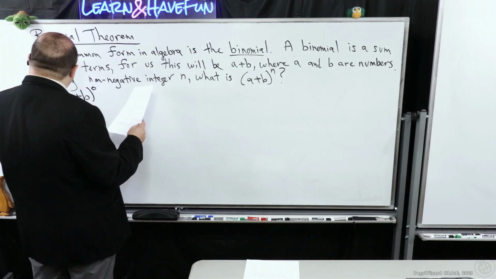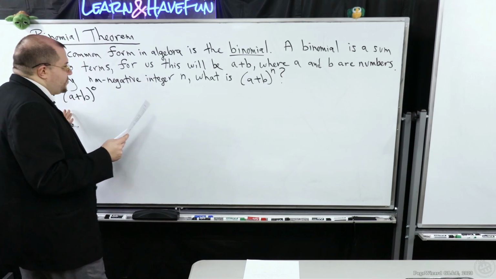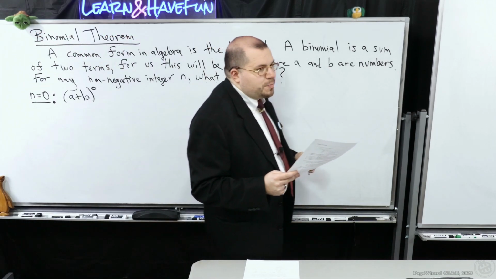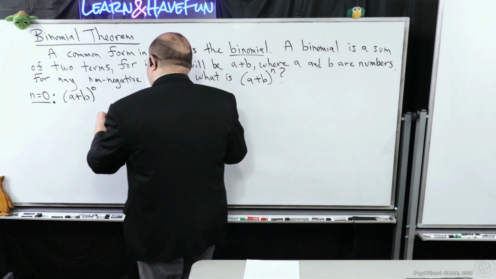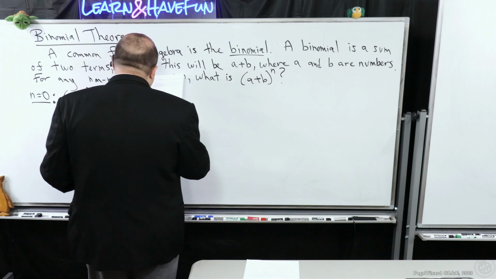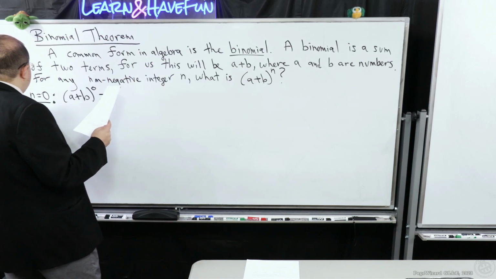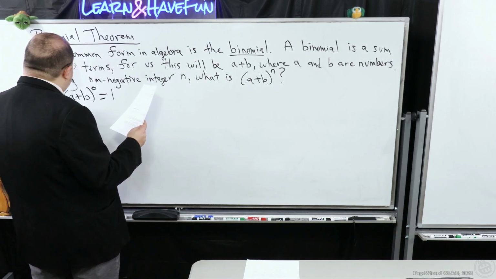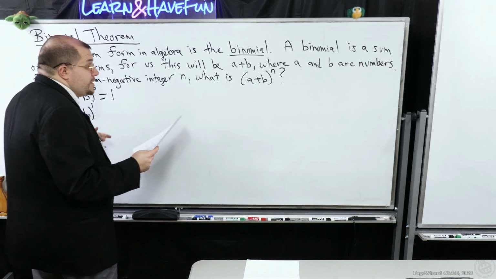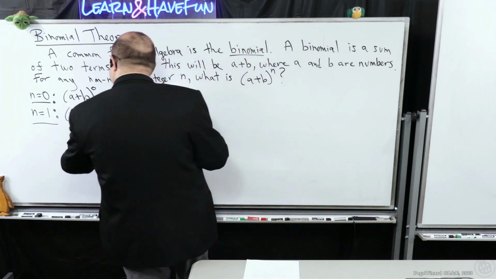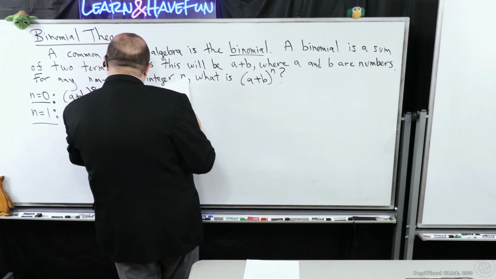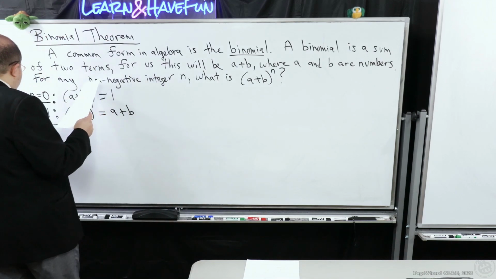Anything that you add, where it's a plus b and these are numbers, you raise to a power of 0. What is that? Well, that's just 1, right? Now n is equal to 1. Well, a plus b to the power of 1 is simply a plus b, right? How about n is equal to 2?